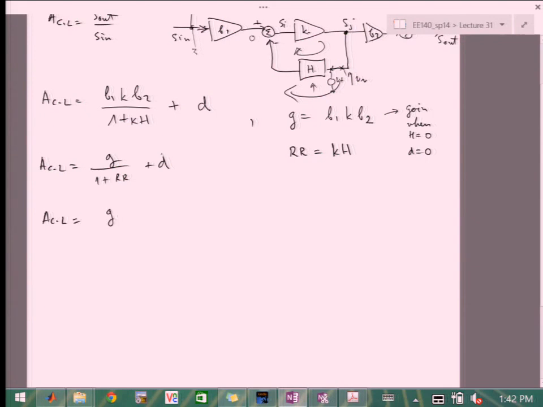We can move this D in here and separate out these effects.